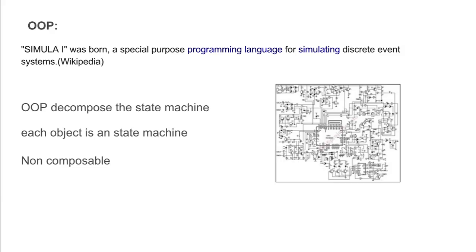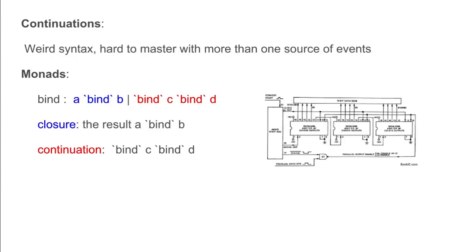Continuations, coming from functional languages, were a solution for this problem, because if we have an event, we can invoke the continuation. But the classical formulation of continuation in classical functional languages has a hard-wired syntax, too powerful.